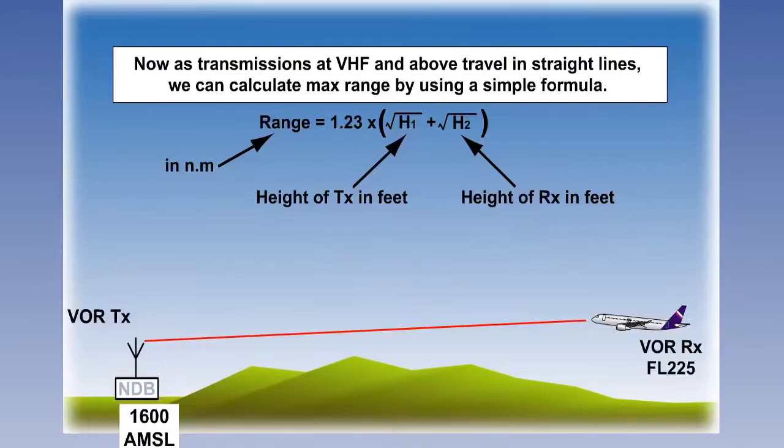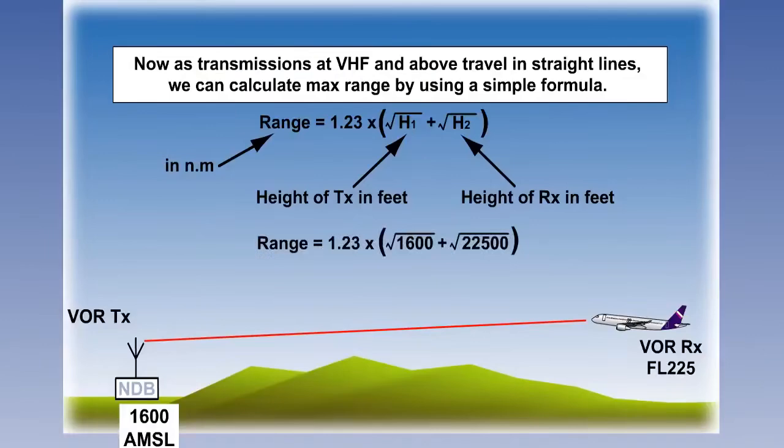The range of a space wave can be calculated by this formula. Range in nautical miles is 1.23 times the sum of the square roots of the height in feet of the transmitter above the ground and the height of the receiver in feet.